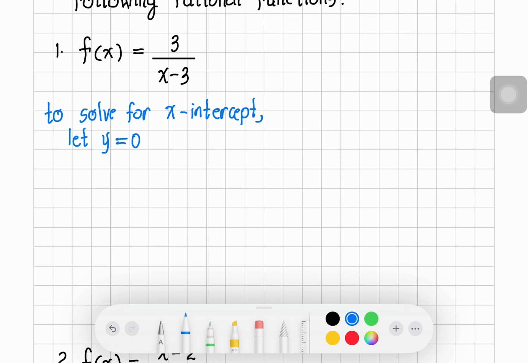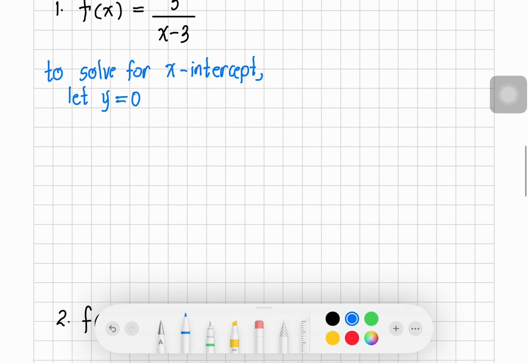So, guys, we said earlier that f of x we can rewrite as y, right? Since f of x equals y. So, it will become y equals, instead of f of x, y equals 3 over x minus 3.